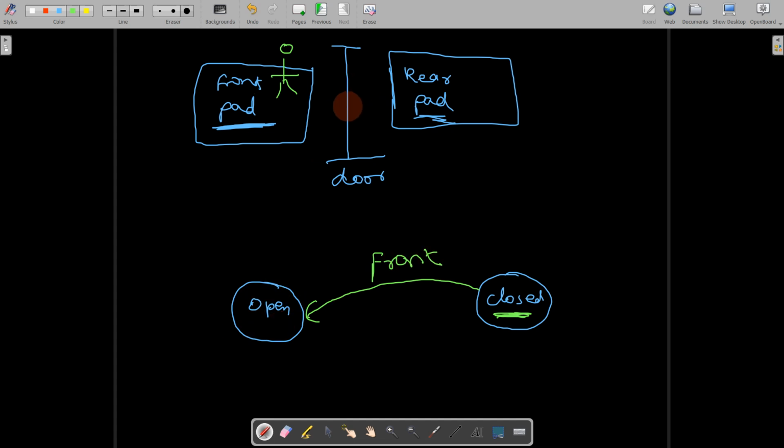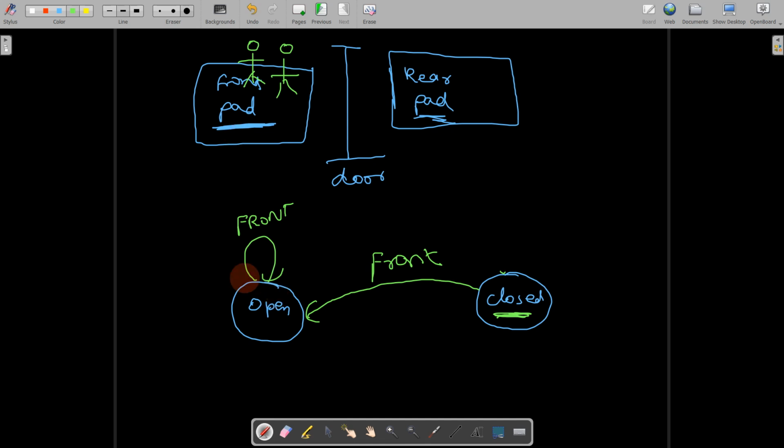If the door is currently open and one more person stands on the front pad, what will happen? It will stay in the open state, right?